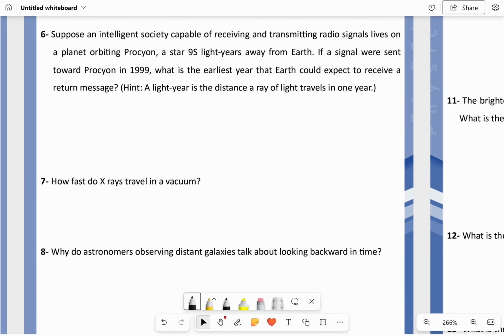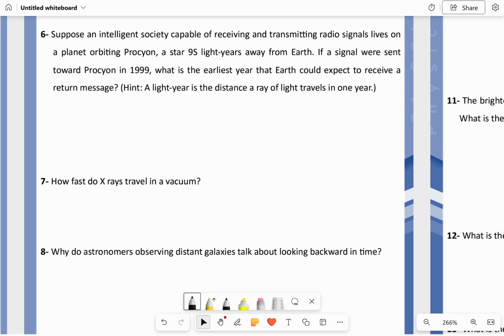Question 6. Suppose an intelligent society capable of receiving and transmitting radio signals lives on a planet orbiting Procyon, a star 95 light years away from Earth.